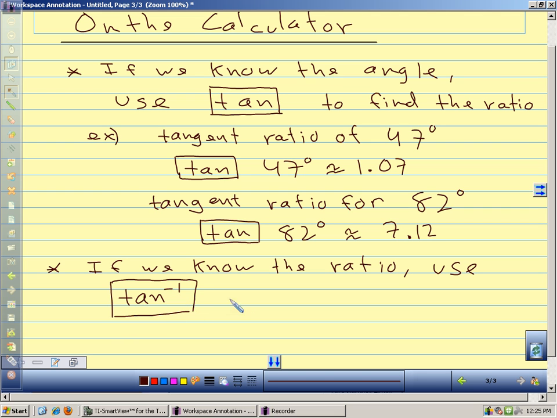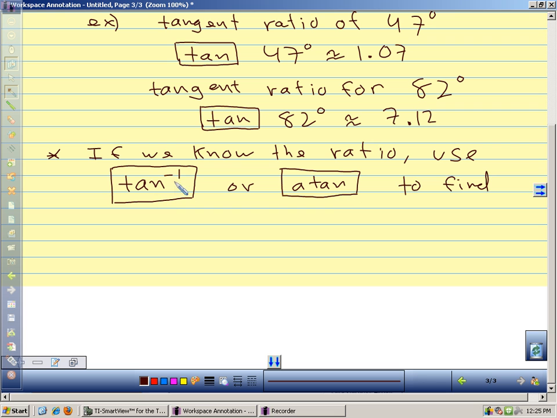Or it might look like this. We use the inverse tangent button to find the angle. So if we know the ratio, we use the inverse tangent button to find the angle.